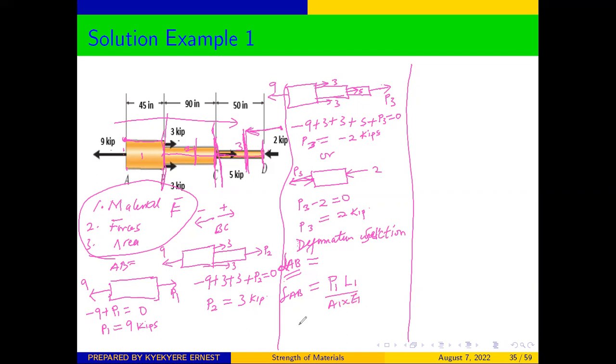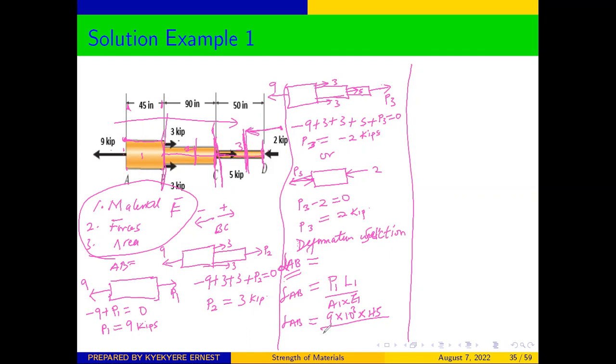So our deformation at B should be equal to the force P1, which is 9 kips, so 9 times 10 to the power 3, times the length. The section is from this point to that point, therefore the length is 5 inches, all over the area.